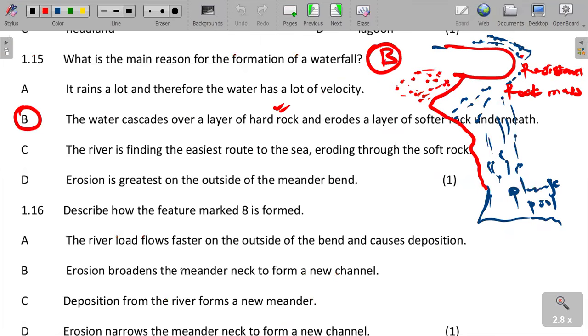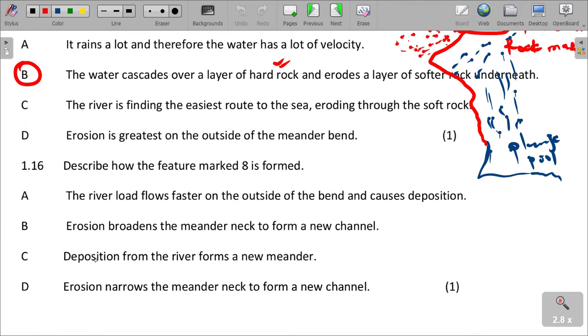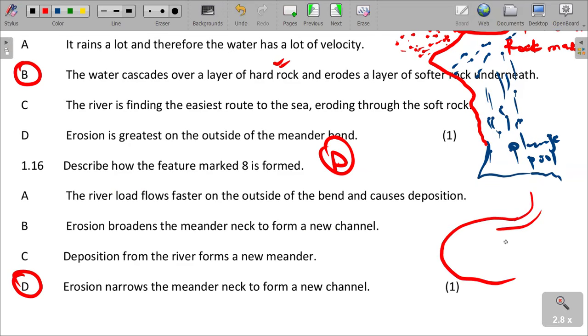So for number 16, it is formed as a result of erosion, which narrows the meander neck to form a new channel. As you can see, our river is like this.